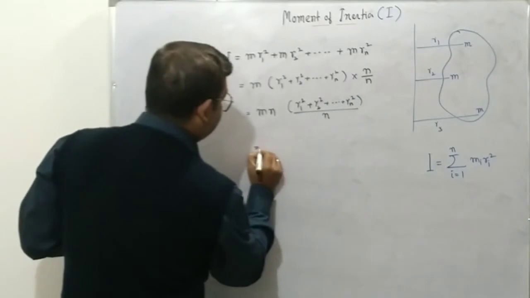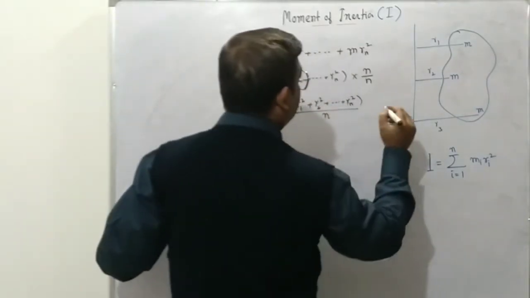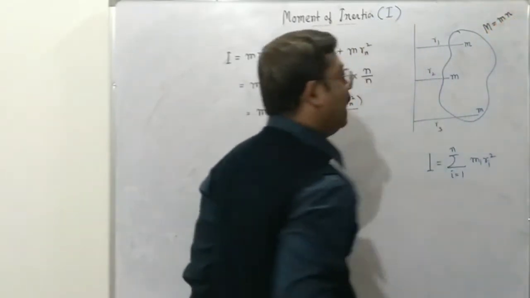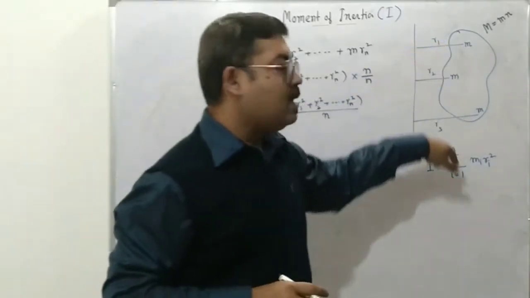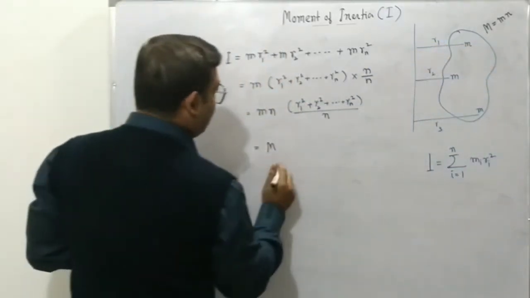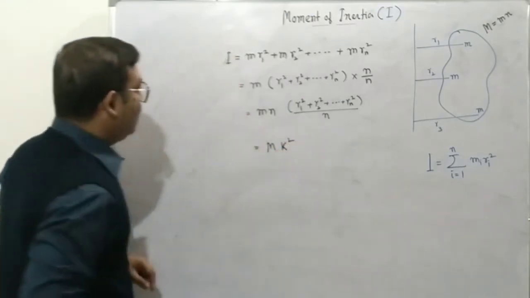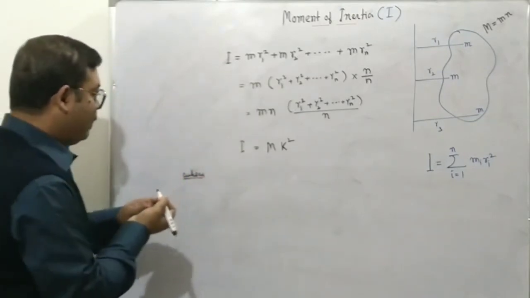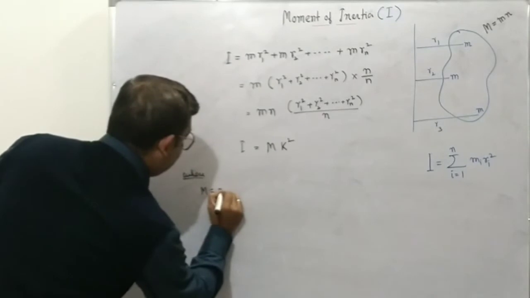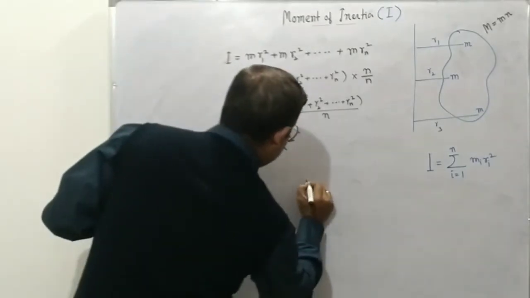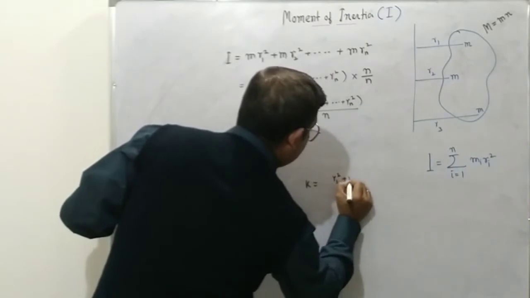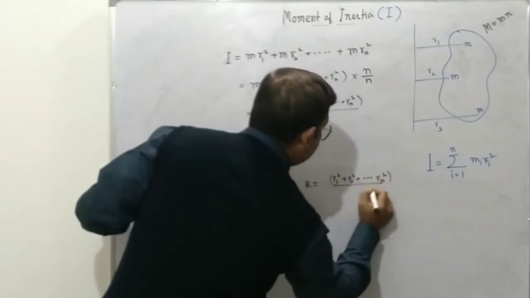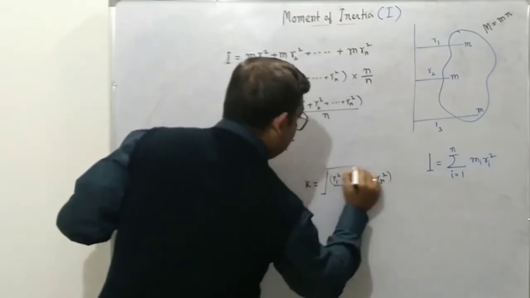Since the total mass of the rigid body will be m times n, n number of particles having a mass m, the total mass will be M into k square, where M equals small m into n and k square equals R1 square plus R2 square till Rn square, whole thing divided by n.